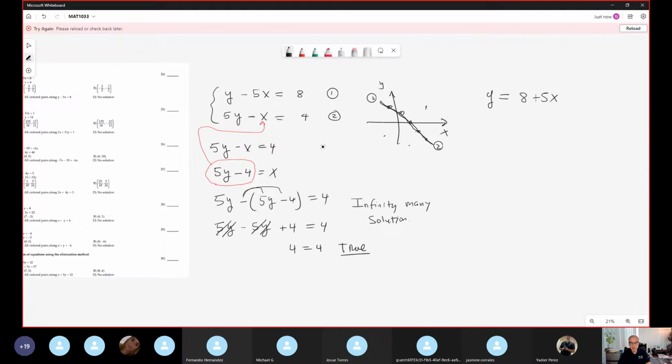And now let's do exactly the same in equation 2. In equation 2, you solve for y. Ooh, it's weird. Okay, 5y minus x equals 4. Something is weird here.